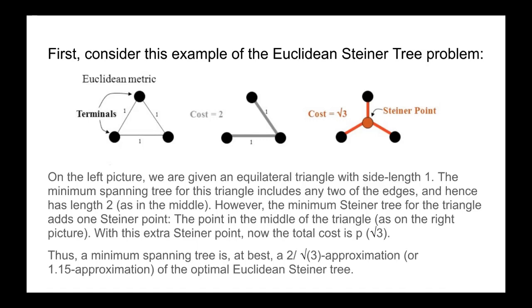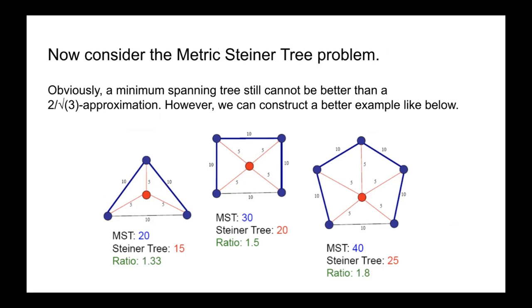Thus a minimum spanning tree, at least for the Euclidean Steiner tree, is at best a 2 by root 3 approximation. That's the optimal ratio for the Euclidean Steiner tree. In the case of metric Steiner tree, obviously the minimum spanning tree cannot be better than a 2 by root 3 approximation. However, we can construct a better example like below.